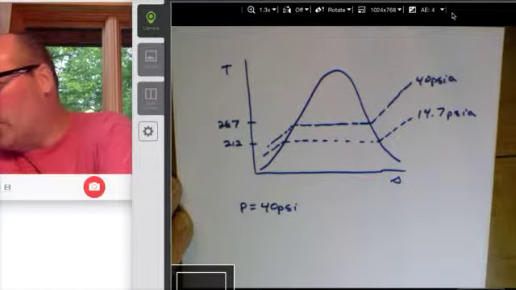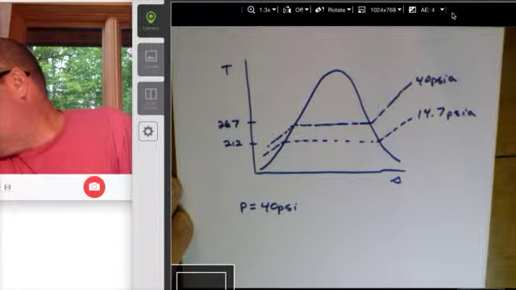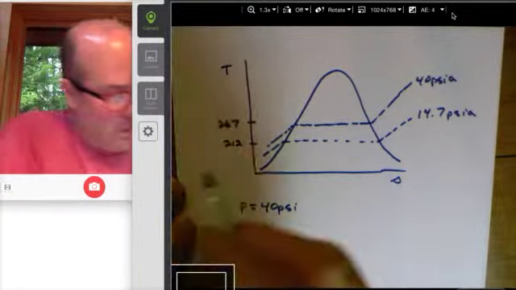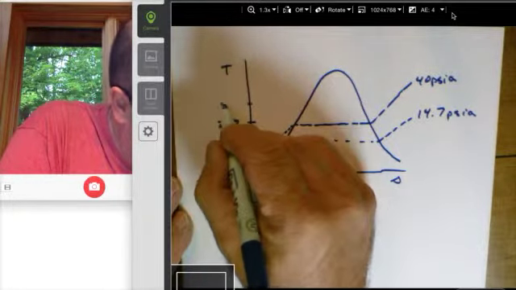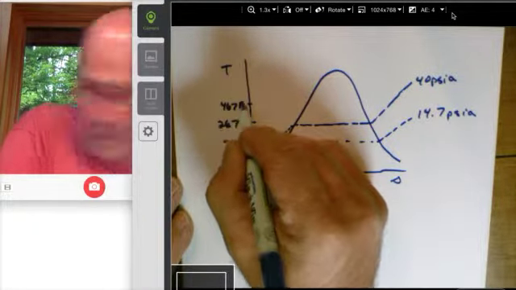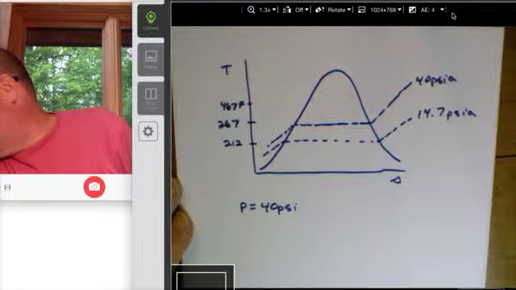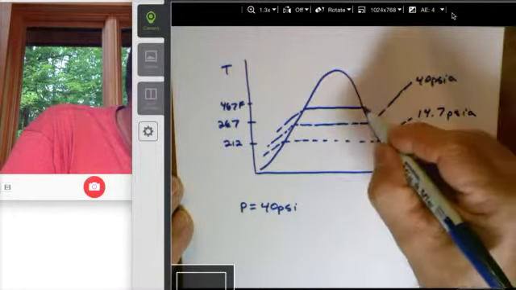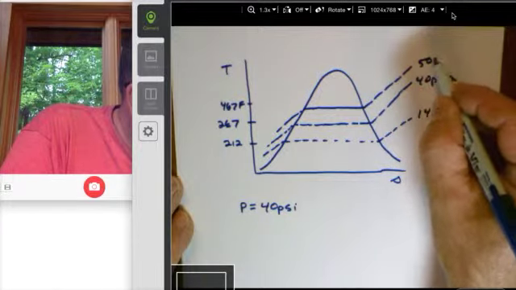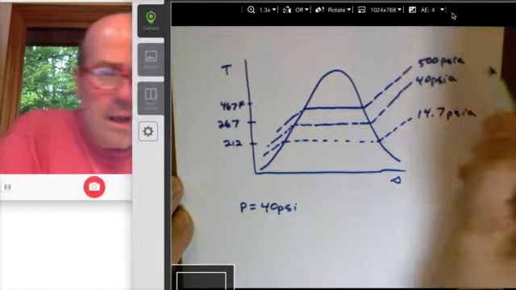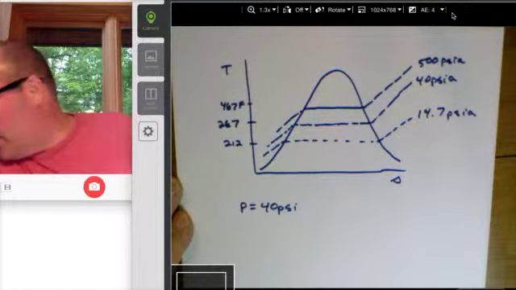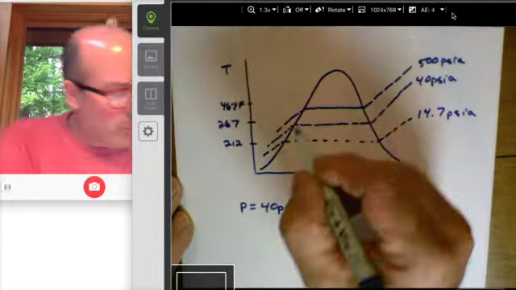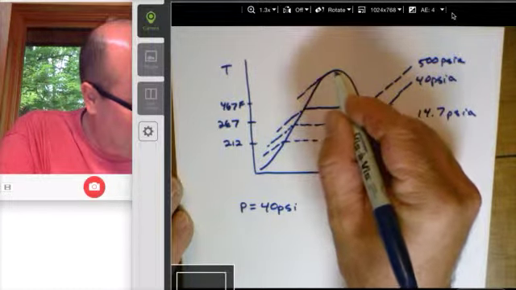I can go to 500 psi, and the boiling point there is 467 Fahrenheit. And if I keep going, I eventually get to 3,230 psi.